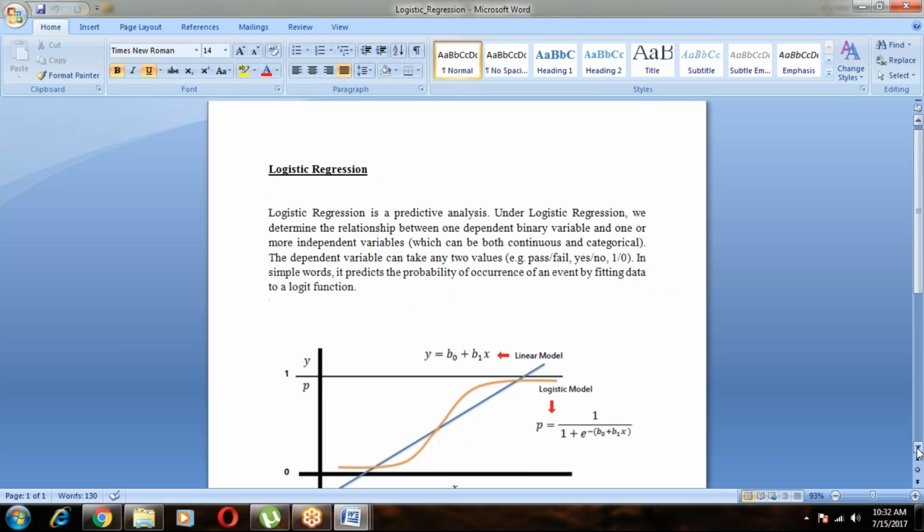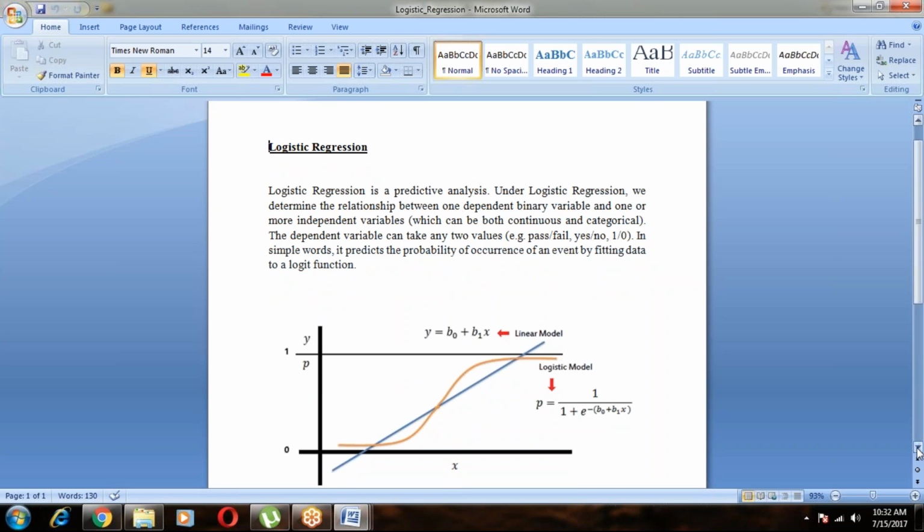We talked about linear regression. Another model is logistic regression. It's a very famous one. When we use logistic regression, let's say we talk about the binomial distribution.